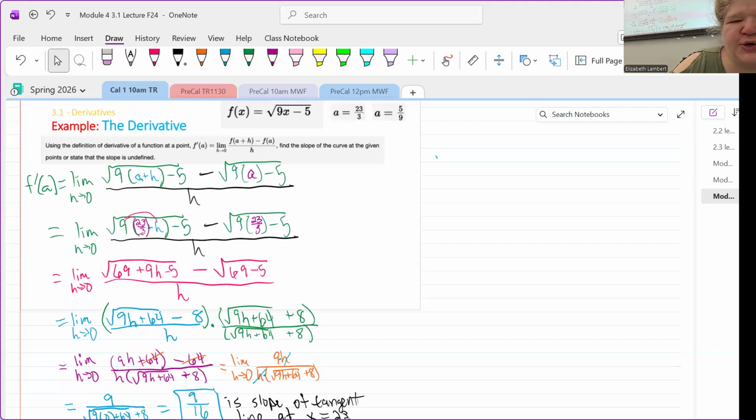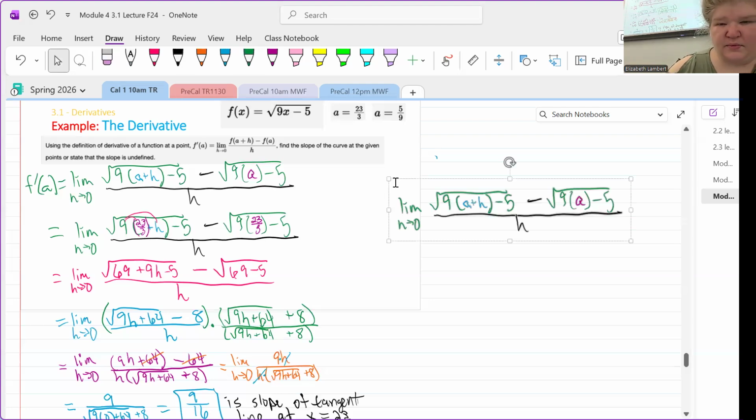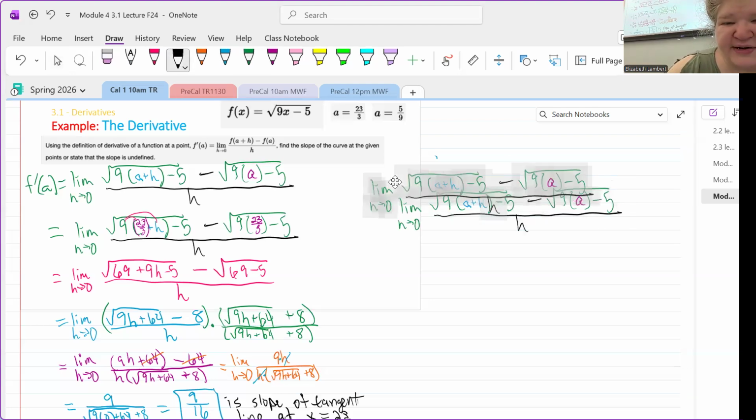But I just want to show you guys what it looks like if you do it in terms of the formula instead. So the algebra is going to look a little uglier, but it's also going to be very similar.